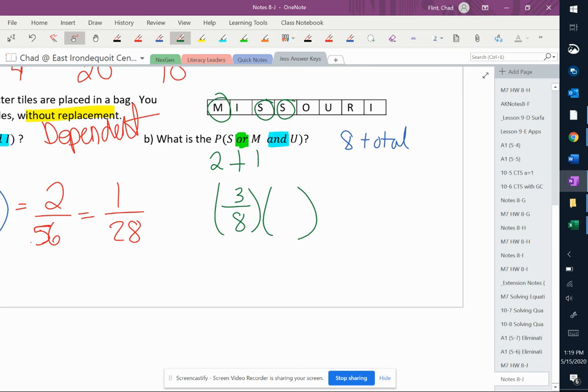Now again, I didn't pick all 3 of them. Just because there's 3 possible tiles that I could pick, doesn't mean I pick all 3 of them. I'm only ever picking 1 tile at a time. So now after I picked one of those tiles, what is the probability of me going in again and getting a U? We're using and, so that's where this multiplication piece comes in.